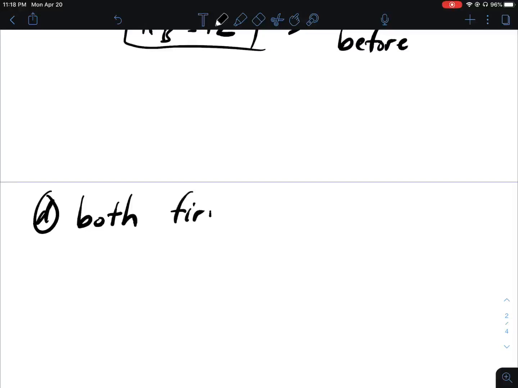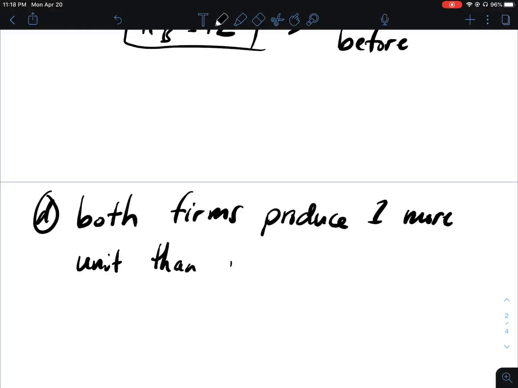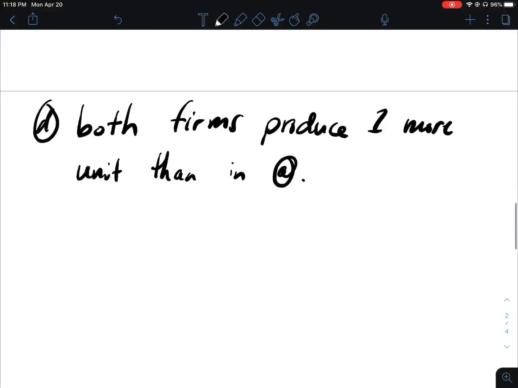And for the last part, it asks, if each of the firms produce 1 more unit, what happens? So now there are 6 units being produced, because we're talking about relative to part A. We also want to know if Squeaky Clean still cheats.